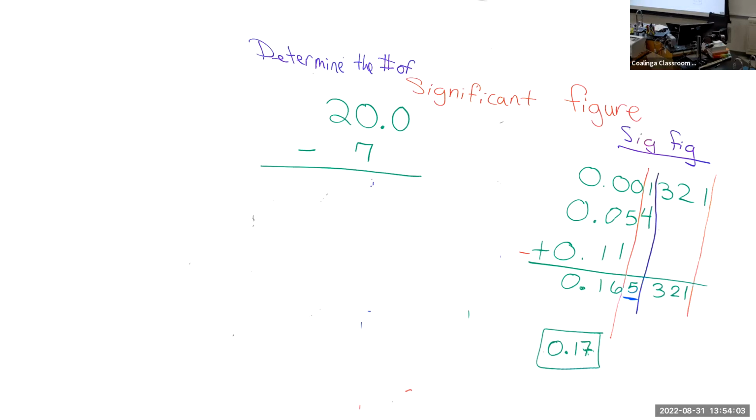So what is the last number of significance for that first number? 0. Which 0? The last 0. Okay. What is the last number of significance for the second? That's it. Okay, so let's go ahead and subtract it.